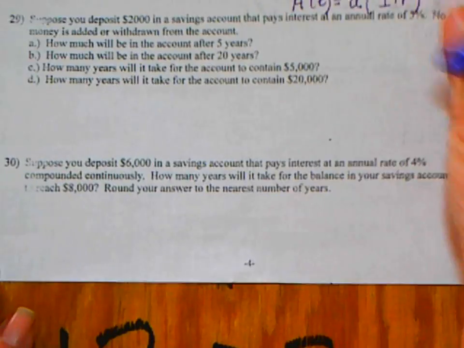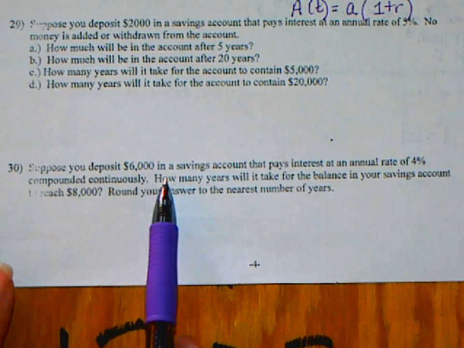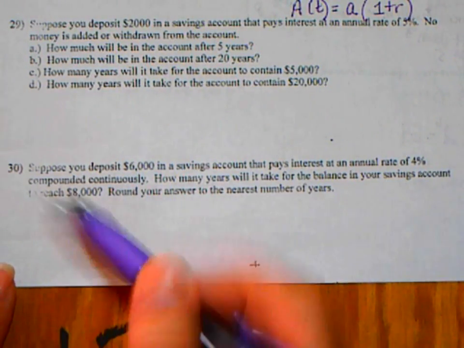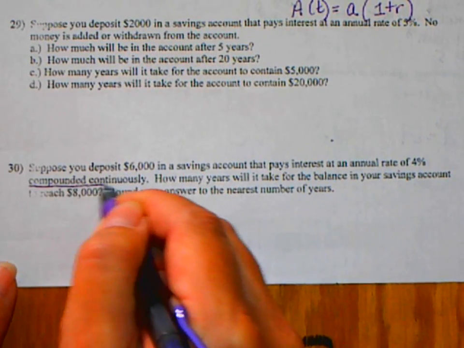Number 30, suppose you deposit $6,000 in a savings account that pays interest at an annual rate of 4%, compounded continuously.